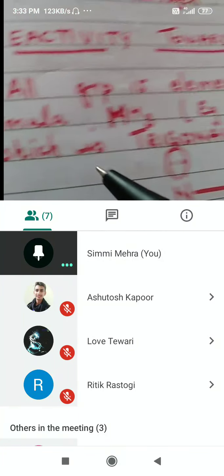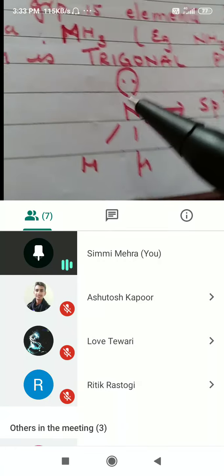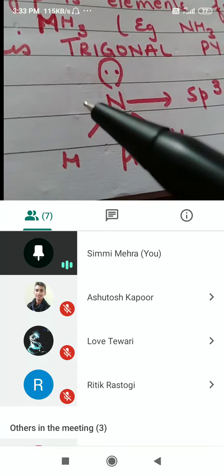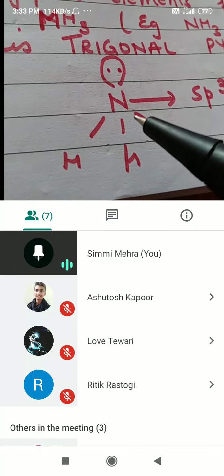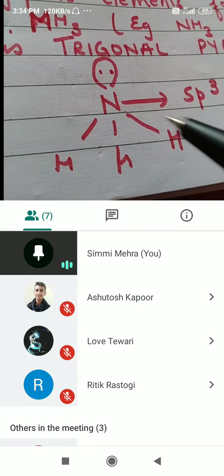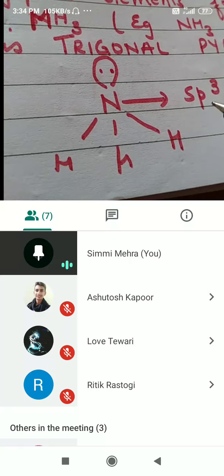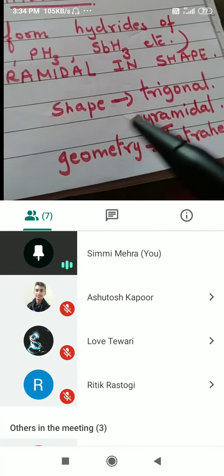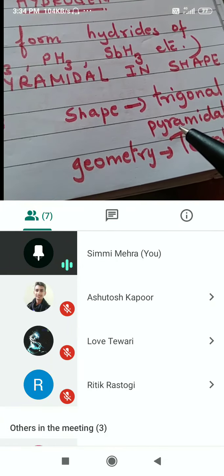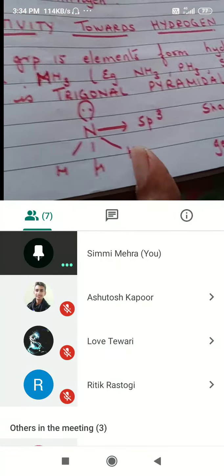All of them are trigonal pyramidal in shape. This is one example I have taken. We can write M here, any element of group 15. It will form a hydride of pyramidal shape, and the state of hybridization will be sp3. So the shape is going to be trigonal pyramidal and geometry is tetrahedral. Okay. Alright.